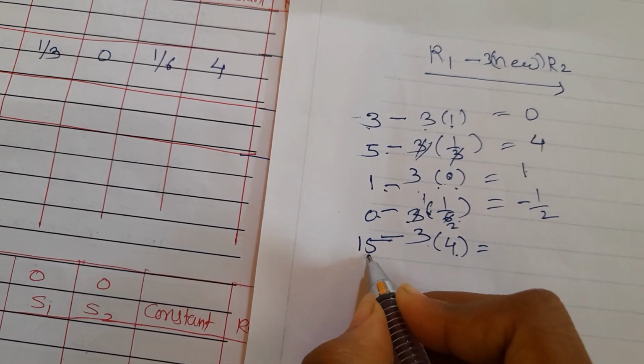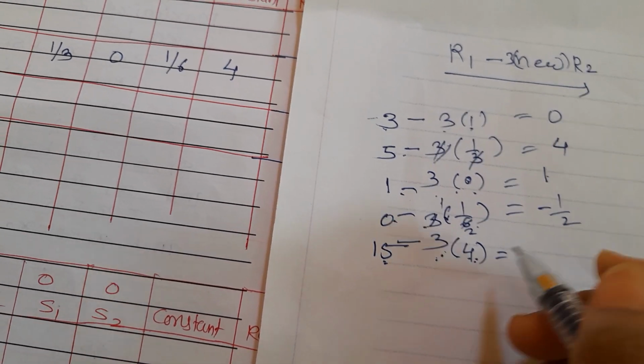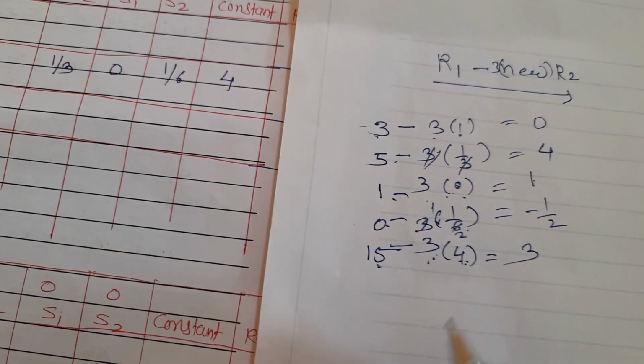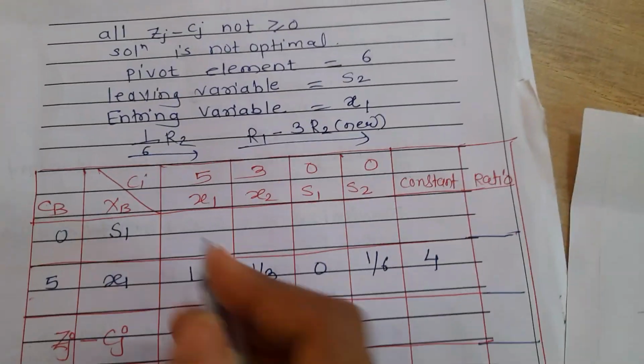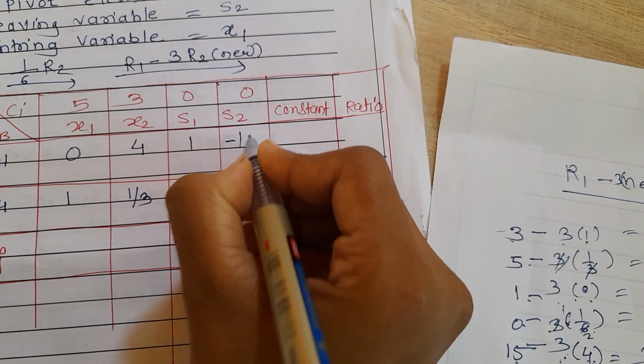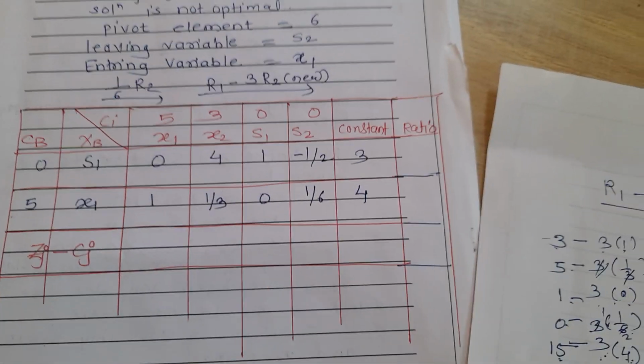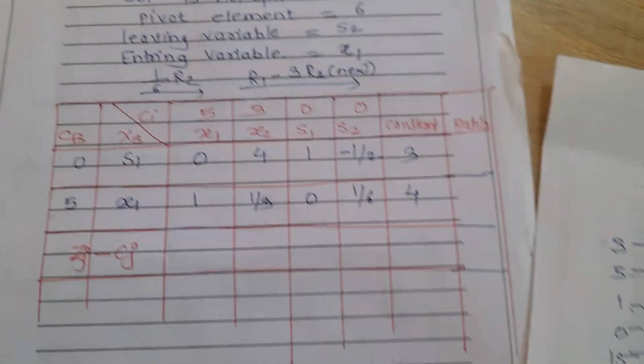Then 15 minus 3 into 4: 4 into 3 is 12, 15 minus 12 is 3. Therefore, our first row is 0, 4, 1, minus 1 half and 3. In that way our calculation becomes fast.